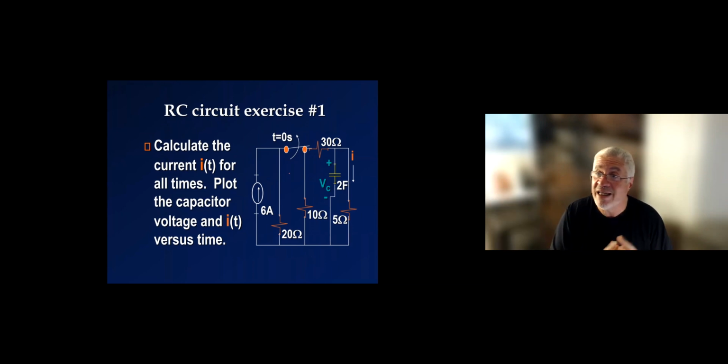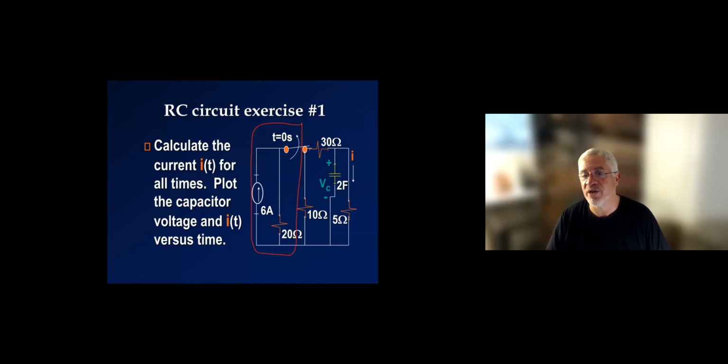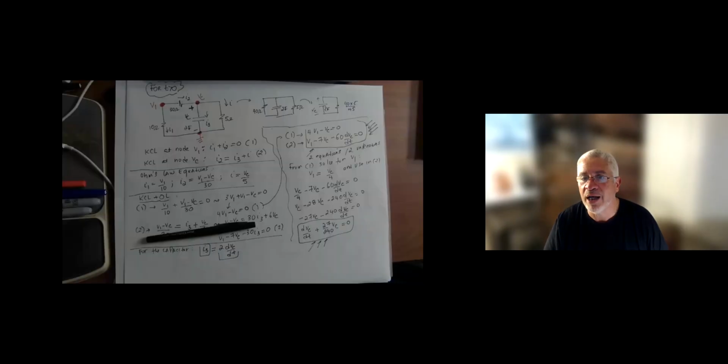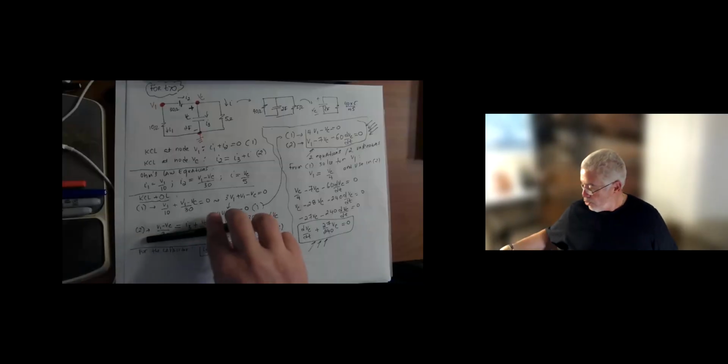For t less than 0, the circuit is going to essentially be a DC circuit because everything is constant. So the capacitor is going to behave like an open. For t greater than 0, this part is going to be disconnected because the switch is going to disconnect it, and I'm going to have that other circuit. And just to show you what we do for that, I'll show you the work we did here.